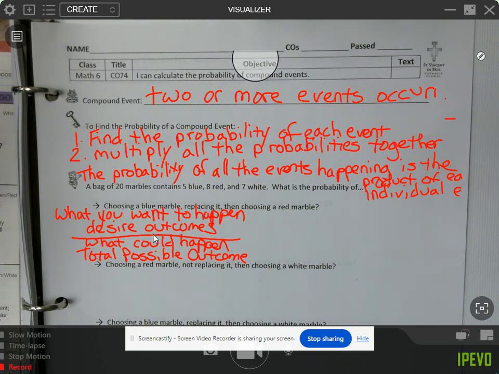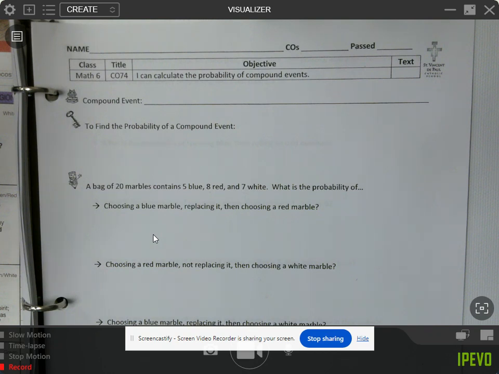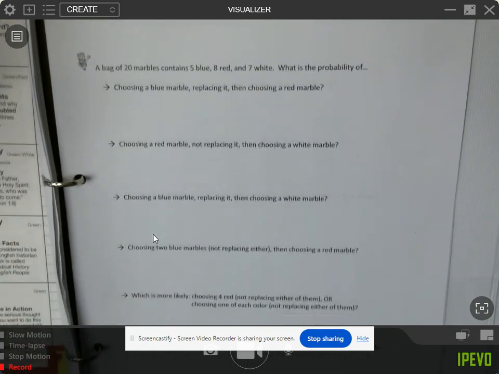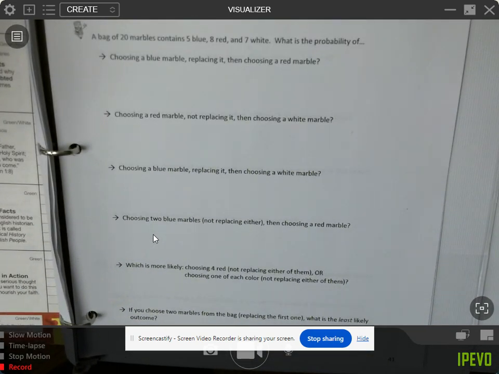So let's scroll up and put this into action so we can see how to use this. So we have that bag of 20 marbles.